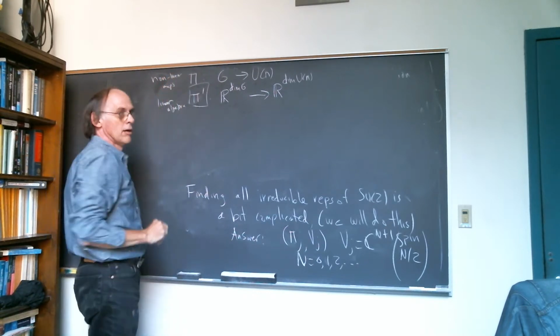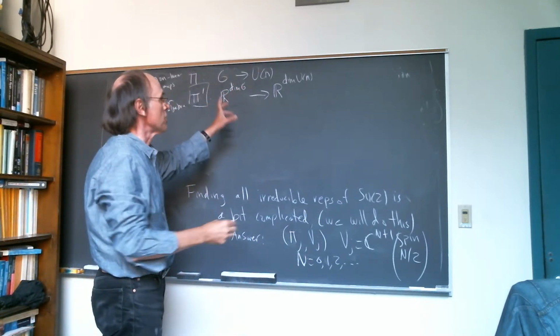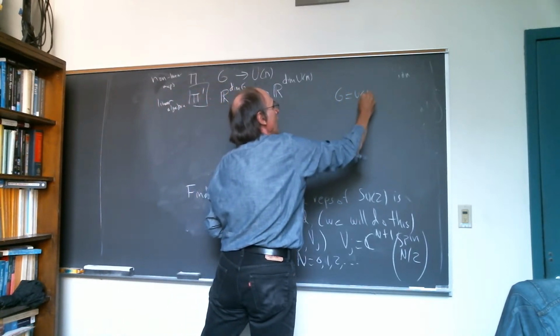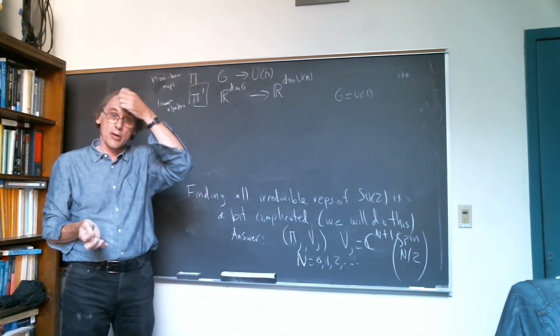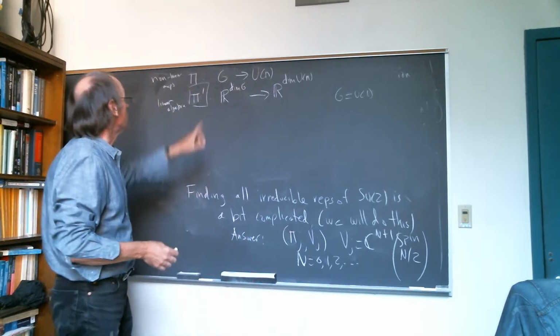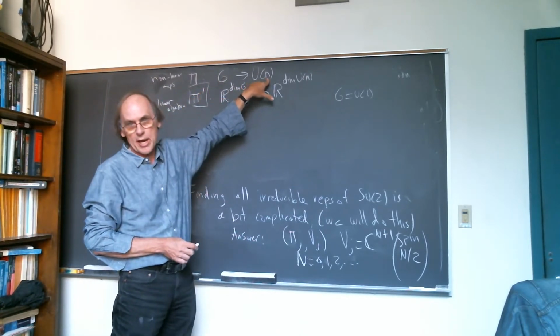So in the case of U1, what would the group G be? Just U1, so just the circle. So G is equal to U1, and it's just the unit circle. So pi is from U1 to U1? No, it depends upon how big the representation is.